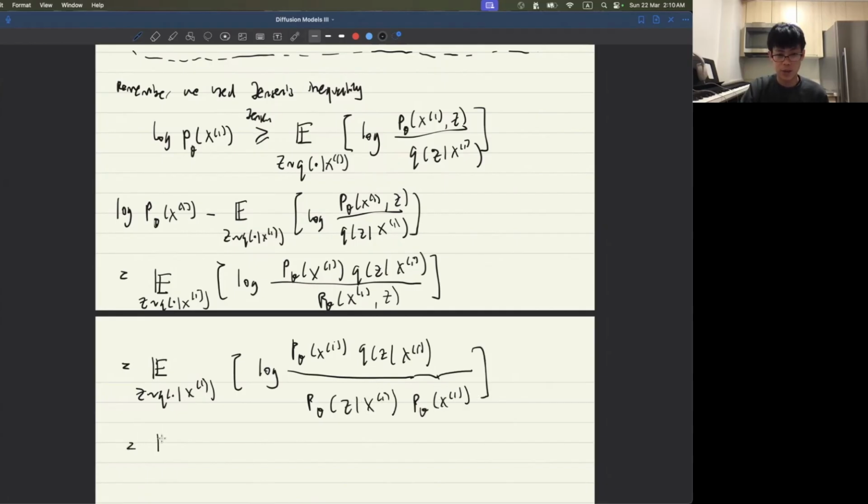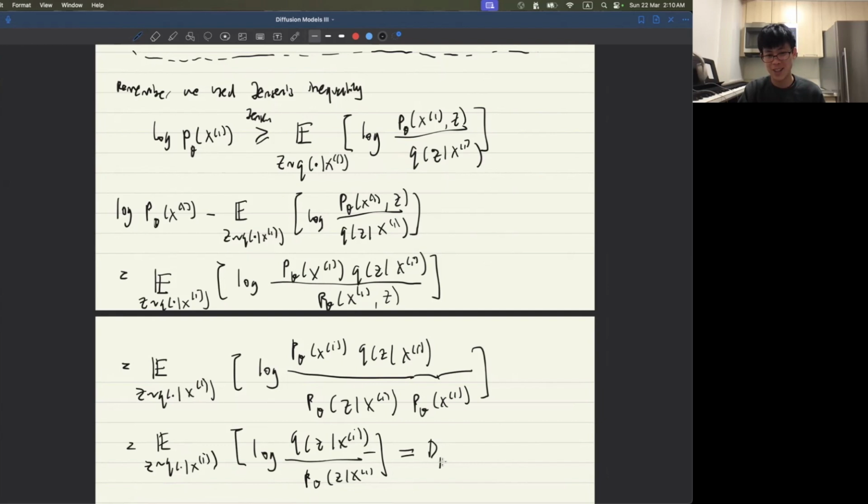And this is equal to the expectation, again, over z of log q(z), the variational distribution, over p theta of z given x_i. And by the definition of KL divergence, this is really the KL divergence of Q, the variational distribution, with respect to P theta, the actual posterior distribution.